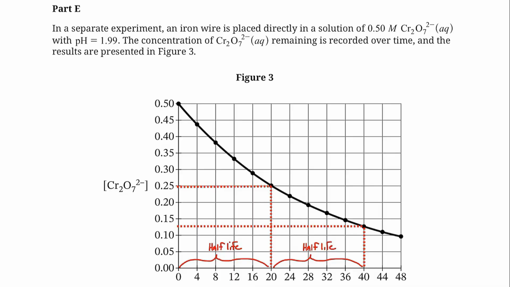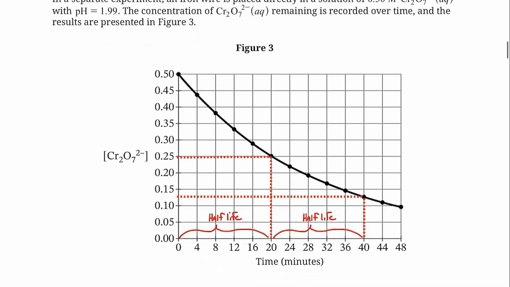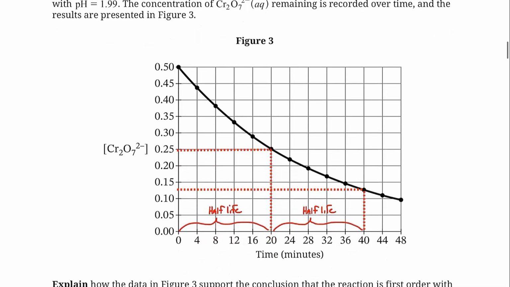You can see in this reaction the concentration of the dichromate ion, and we can see that it's steadily going downward. It's basically a classic curve for either first order or second order. We don't know which.